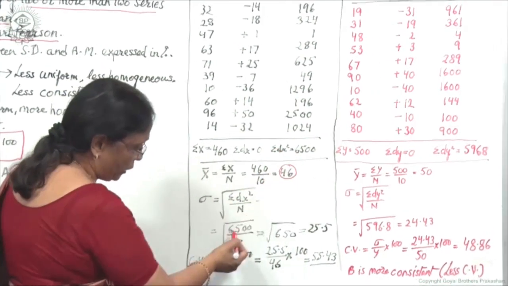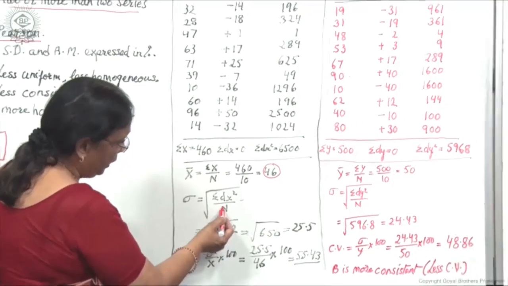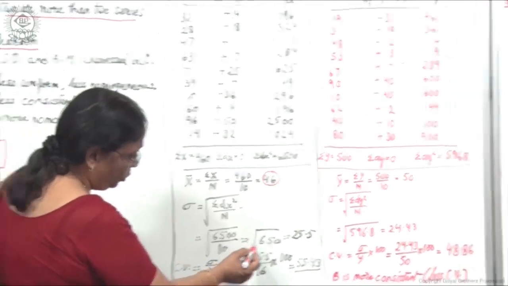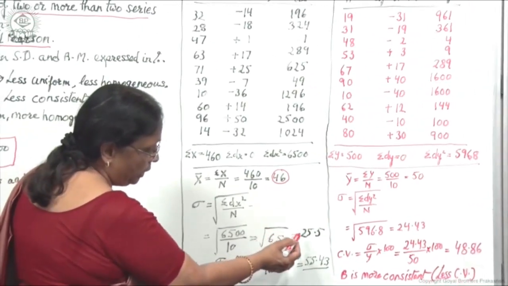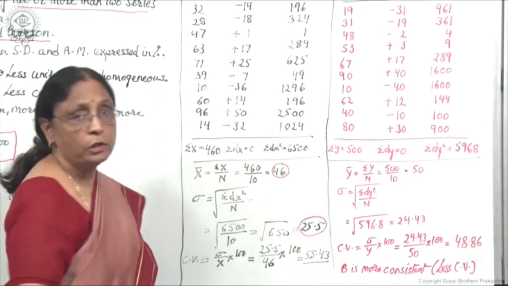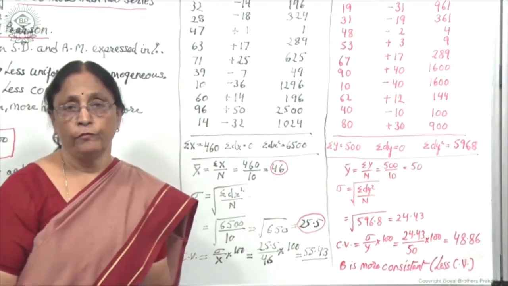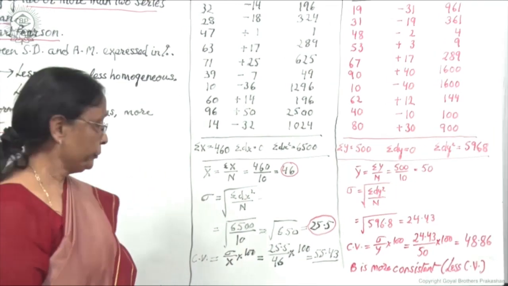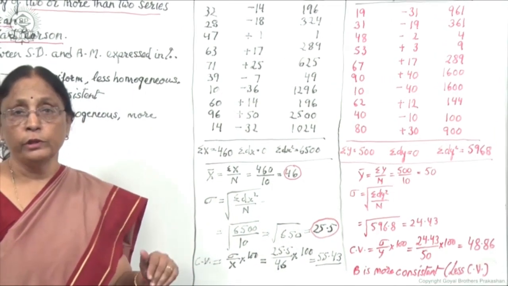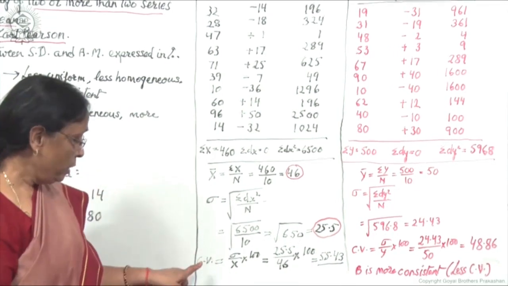Sigma dx square is 6500, n is 10. This is whole under root, that is 650 under root, and that is equal to 25.5. This is your standard deviation for batsman A, right? Now next step is to find out the coefficient of variation.